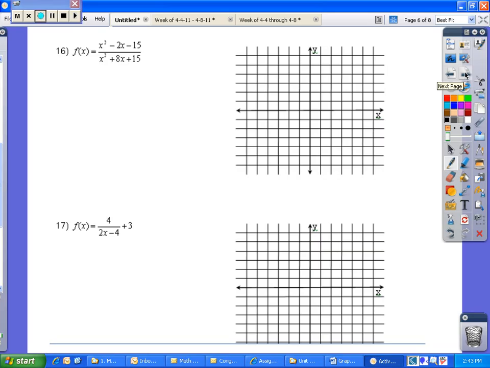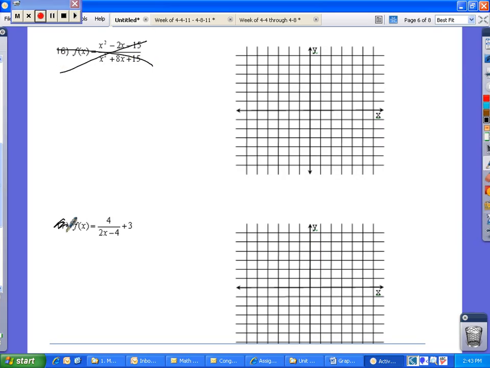For number 16, it looks like something got changed here, so this is actually number 16 down here. Sorry about that. We have 4 over 2x minus 4 plus 3. So our horizontal asymptote is going to be y equals 3.